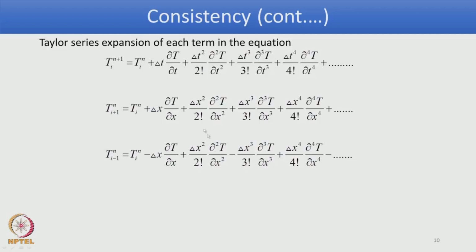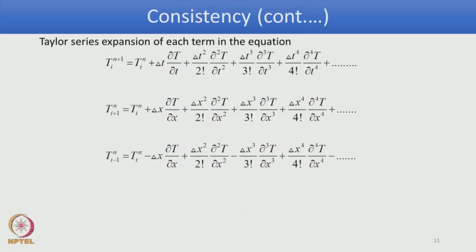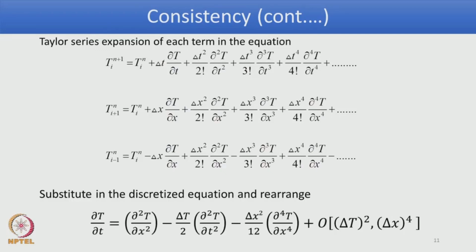All that we have to do is substitute this expansion in the finite difference equation, and we will see how to do that. If you substitute and sum them properly, then we get an expression like this, which is dou T by dou t equal to dou square T by dou x square, and there are many other terms, and these terms are coming from the additional terms we have considered because of the expansion.